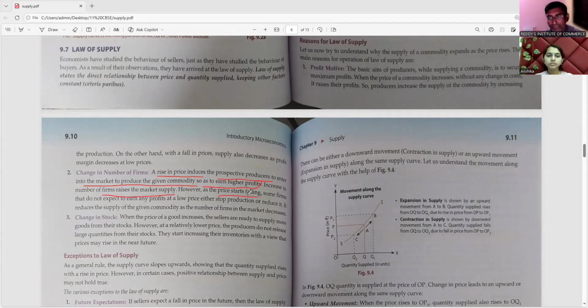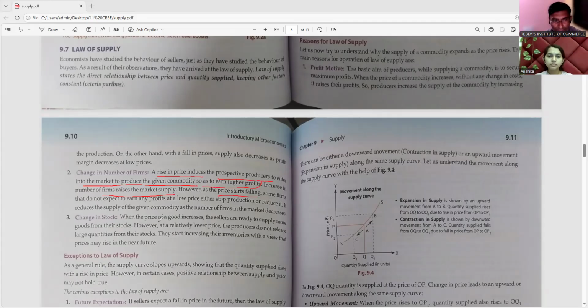It means the profit margin will be decreased, and supply will be decreased because the market is segmented among all the producers. They will get less profitability, less margin, and less supply. So this is another factor.